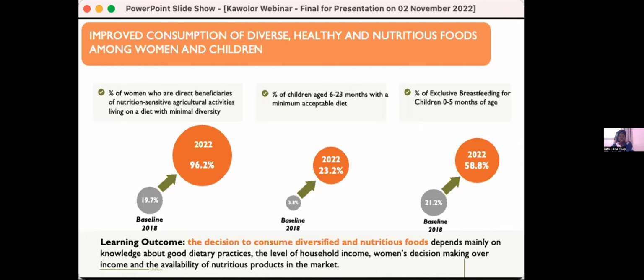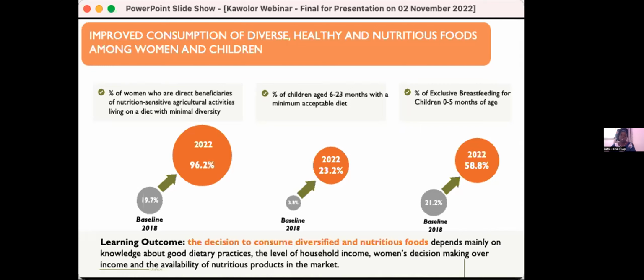And you can say that all this was possible because Kawolor, while working on availability of nutritious products in the market, also worked a lot on training. We did many trainings with farmers, with the Dental groups.